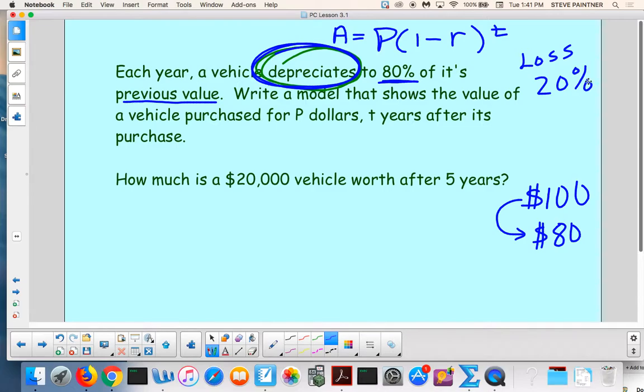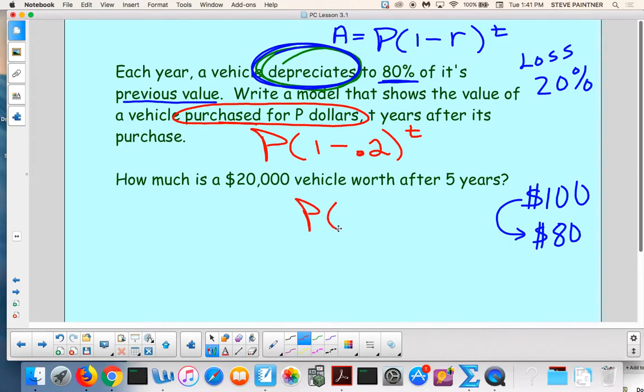Okay? Here comes the formula. You purchased the car for $P. You lost 20% for 2 years. Hey, just tell me this. What's 1 minus 0.2? 0.8. Okay, so here it goes.